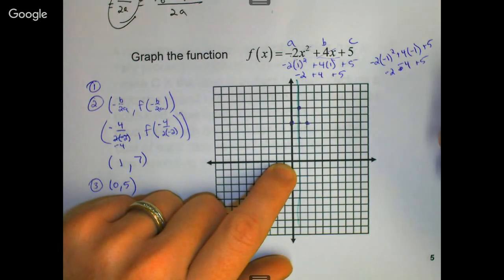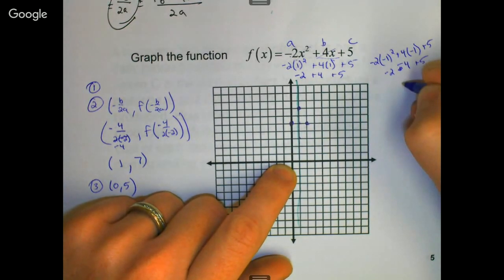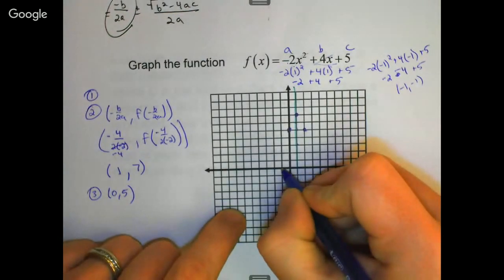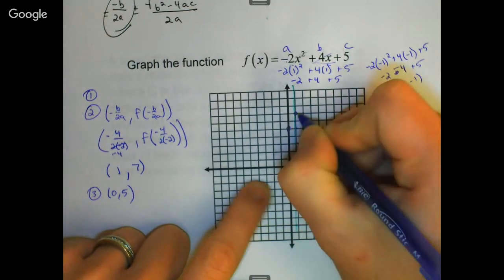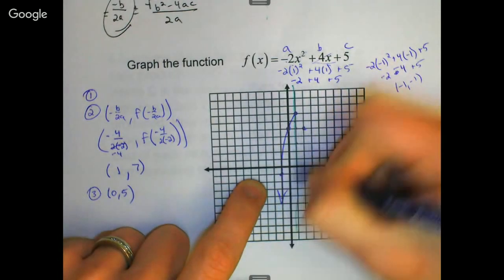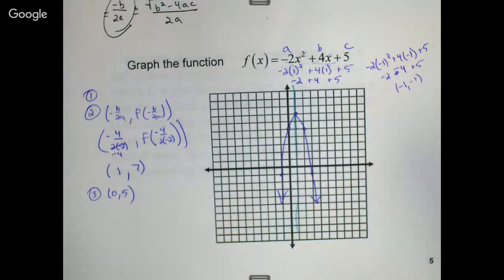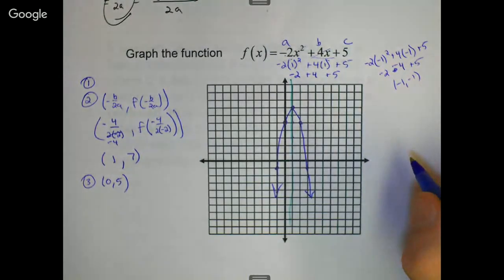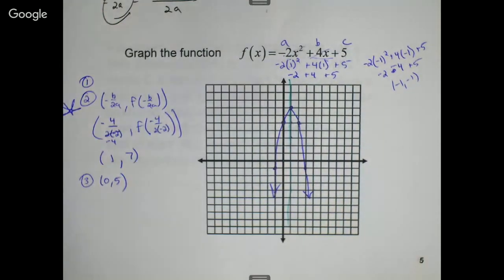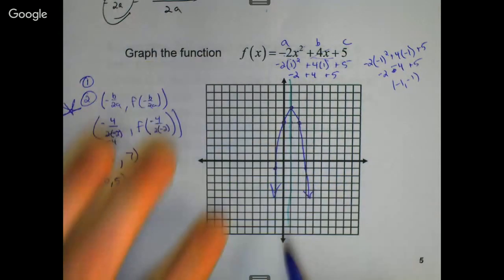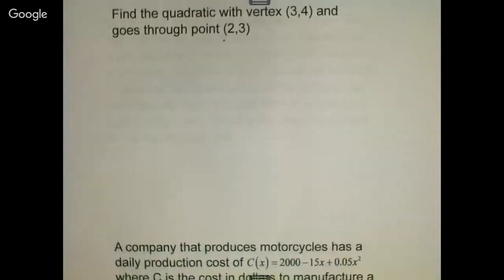So plug in negative 1, you get minus 1. So negative 1, negative 1. So negative 1, we're here. And if I reflect that over, I'm here. So then there is your parabola. Okay. So vertex is a must. We're going to find that either way. And from there, we just kind of mirror image everything on both sides.